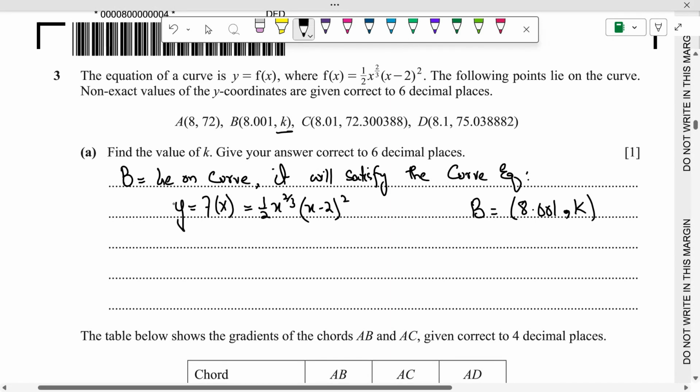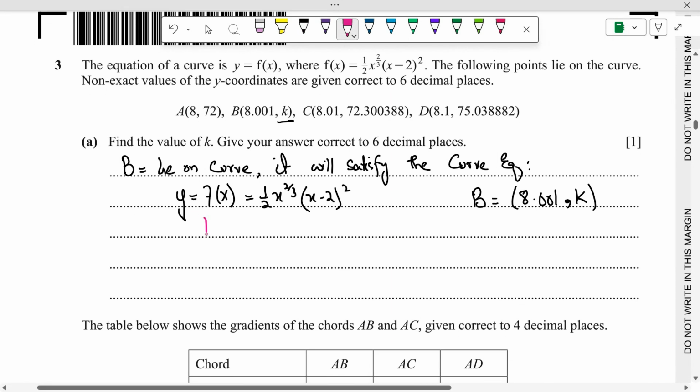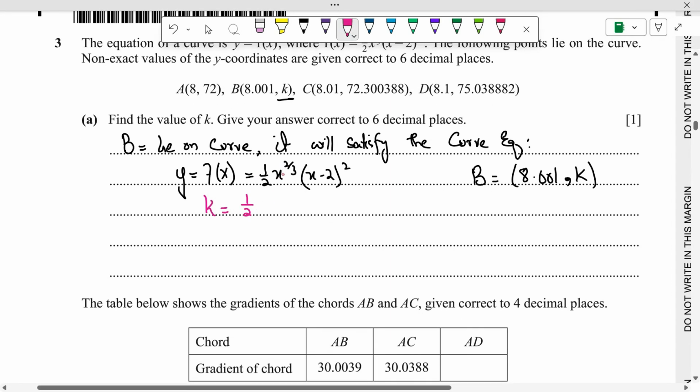So plugging this B value, we will have y, which is k, equals half times x to the power of 2 by 3, meaning 8.001 whole power 2 by 3, and (x minus 2) whole square, meaning (8.001 minus 2) whole square.